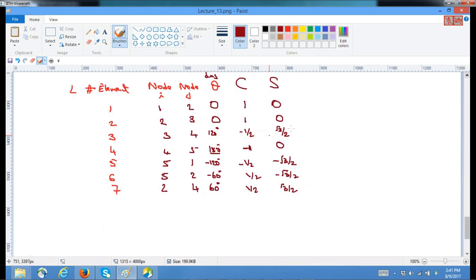can write it as K for the element 1, or for a generic element, is given as AE by L, which is nothing but small k times C square, CS, minus C square, minus CS.